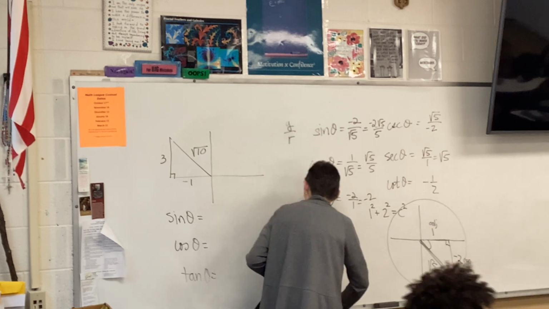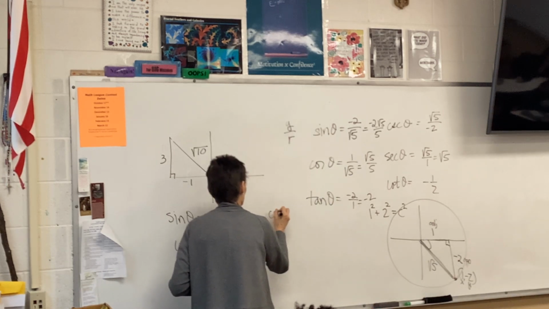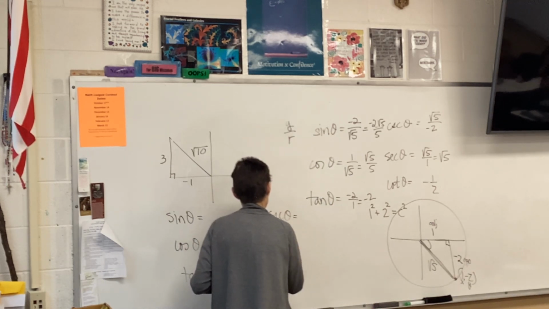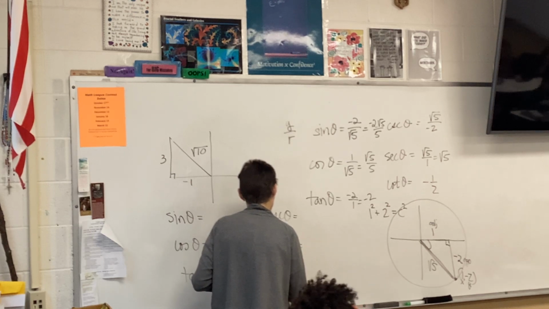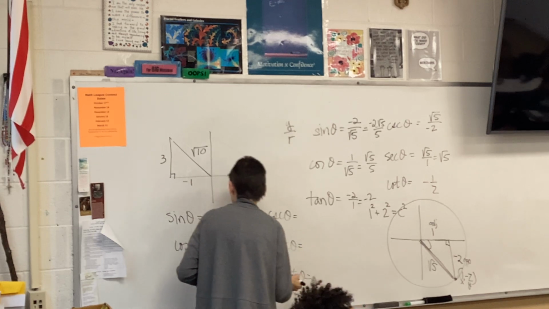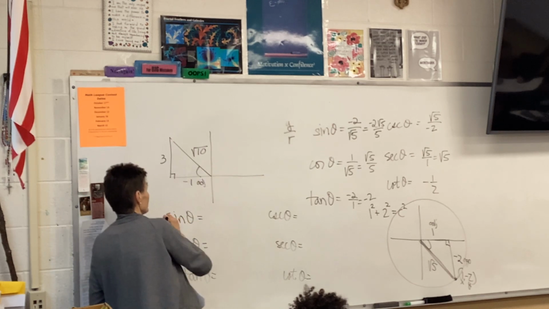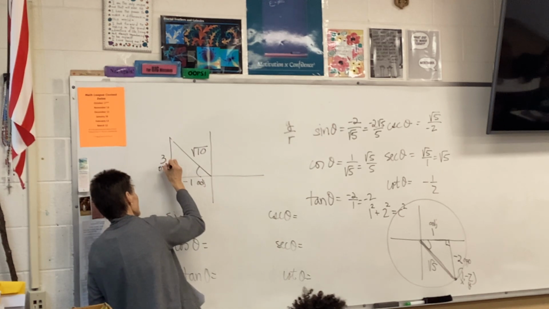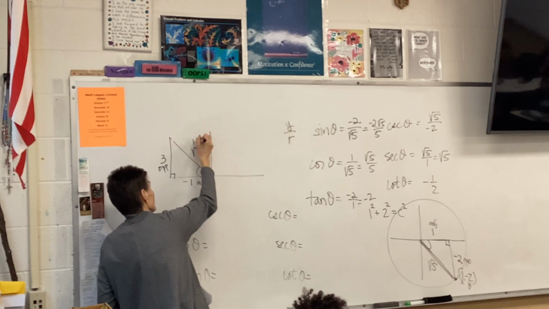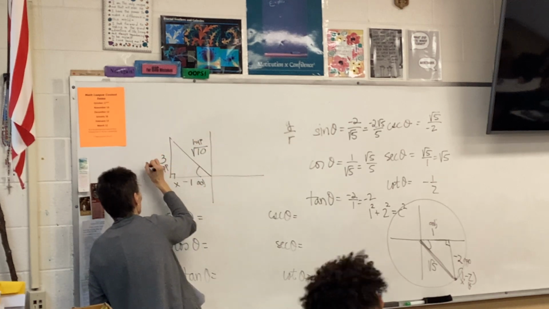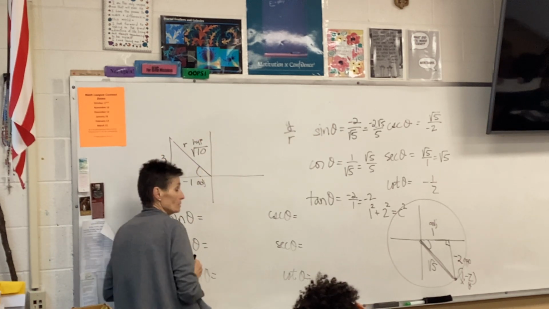Go ahead, you got your picture drawn. You have adjacent, you have opposite, you have hypotenuse. You have X and Y and R.